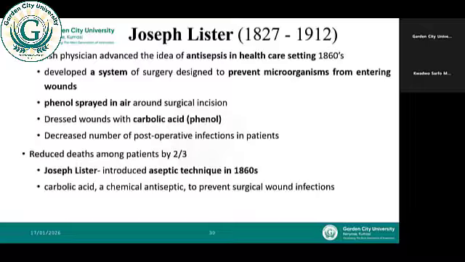So they used chemicals instead of heat to control microorganisms. Carbolic acid or phenol sprayed in the air around the surgical incision or the wound was able to control microorganisms and prevent the spread from patient to patient. And this reduced the number of post-operative infections at the hospitals.